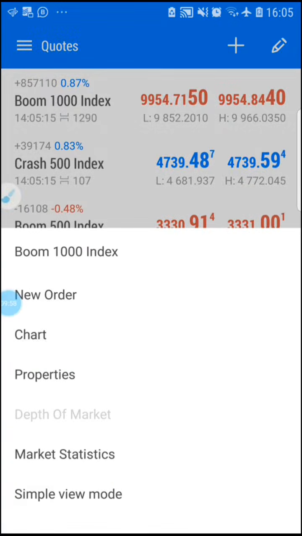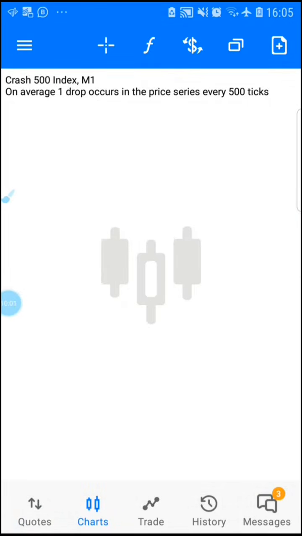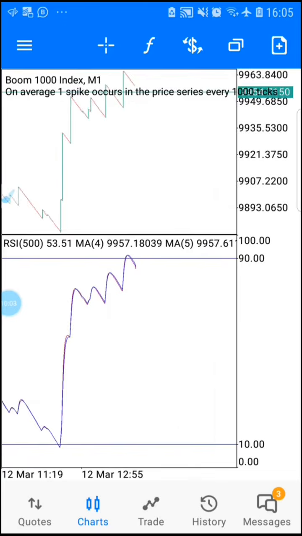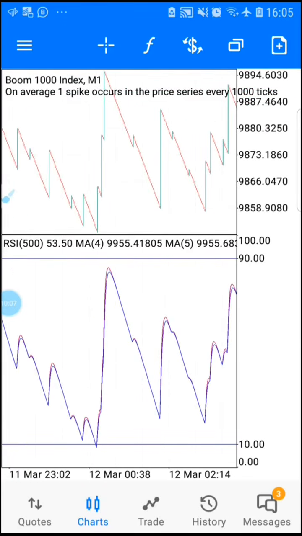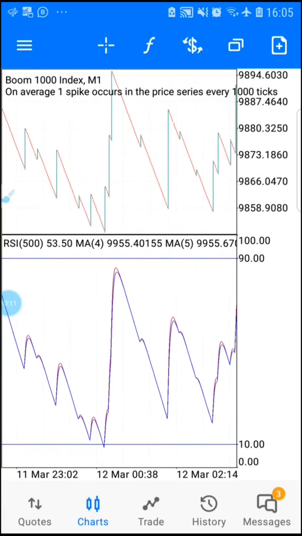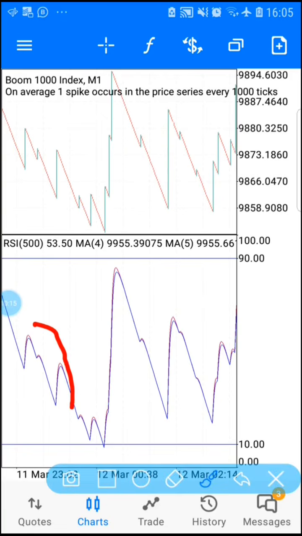For our TP, like the example we gave here, what we want is that the market comes down, spikes up, comes back, and touches that 10 level, then we enter.